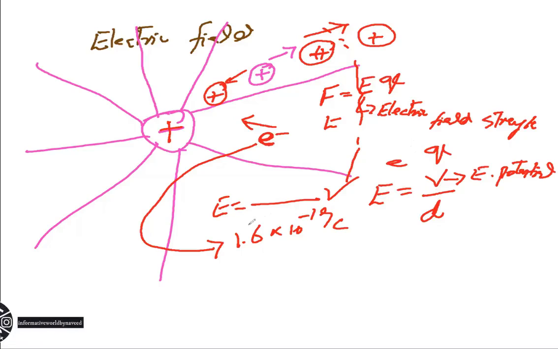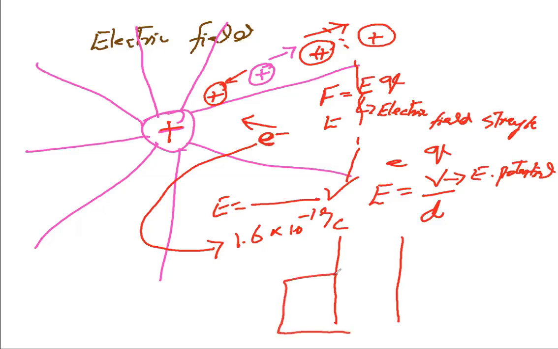Okay, so if we have parallel plates like this, and you connect the potential difference across these plates, and the potential is V. You know what is meant by voltage and current.